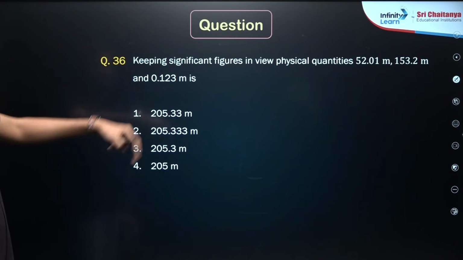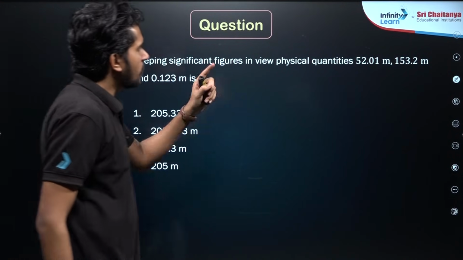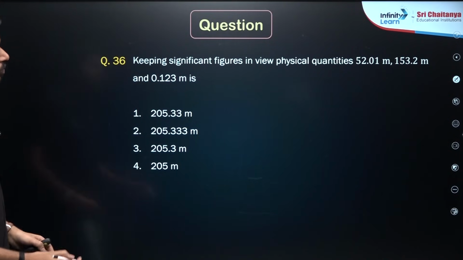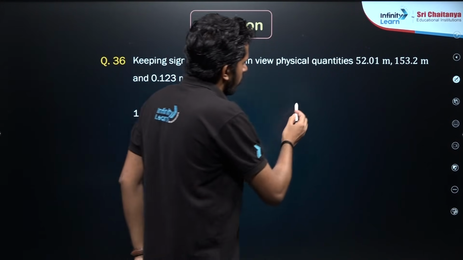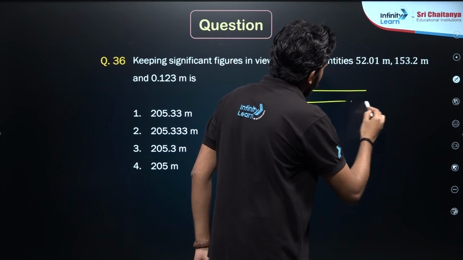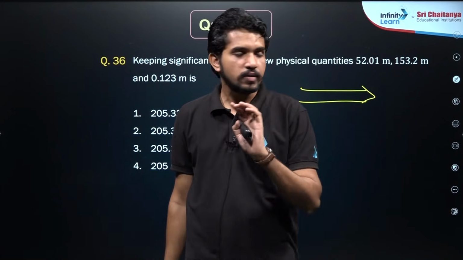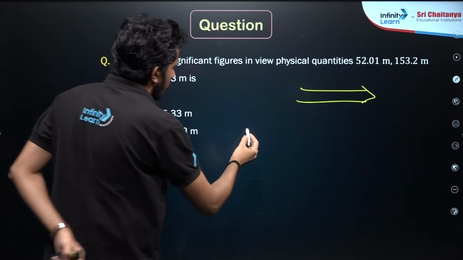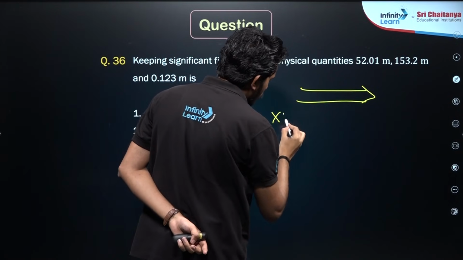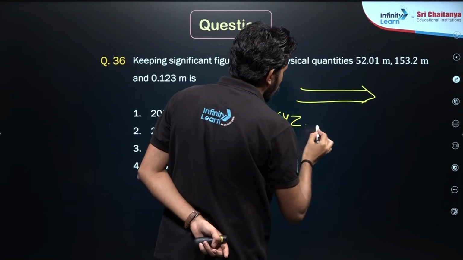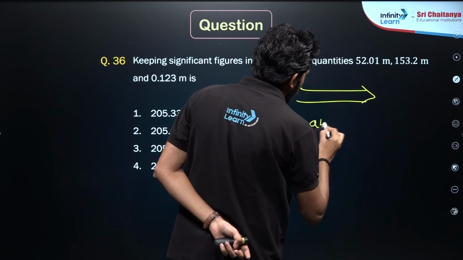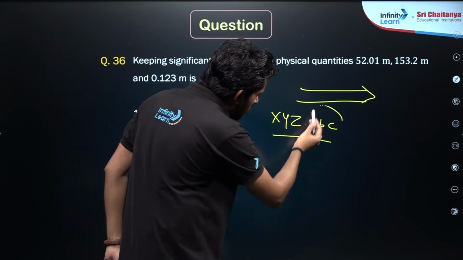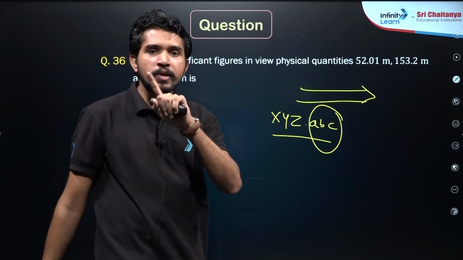Keeping significant figures in view, these are physical quantities. Now, let's say you are doing any iteration. After any iteration, if you have a number x, y, z point a, b, c, then after the point, the digits should be minimum.